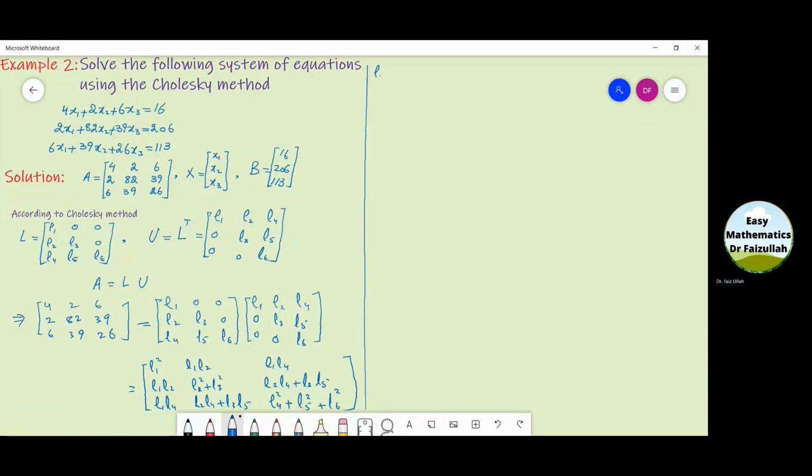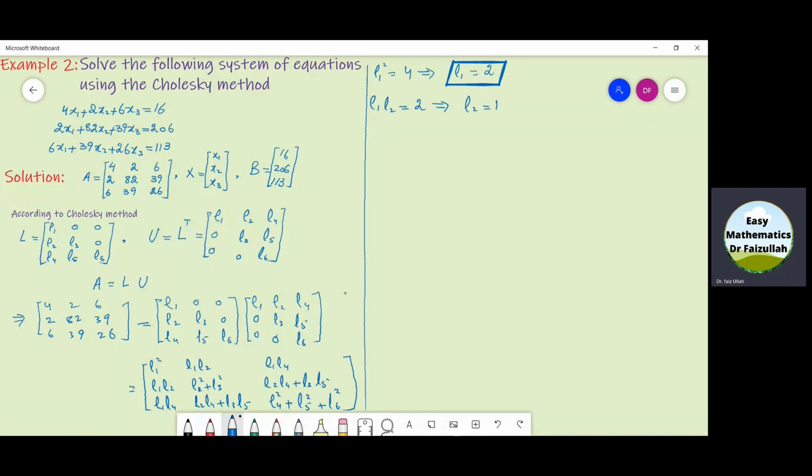So we have L1 square is equal to 4, and from this we get L1 is equal to 2. The next entry is L1 L2 is equal to 2. But we know that L1 is 2, so we get L2 is equal to 1. And from the next entry, we get L1 L4 is equal to 6.